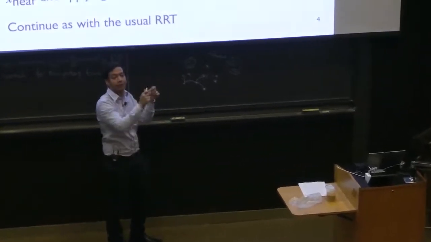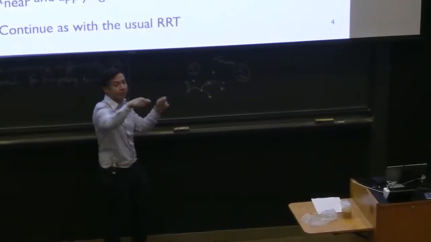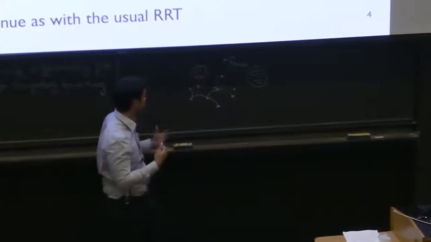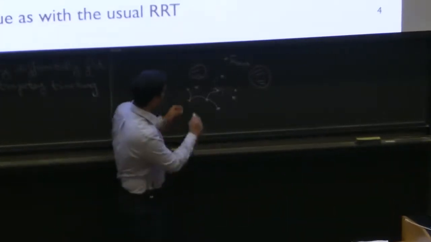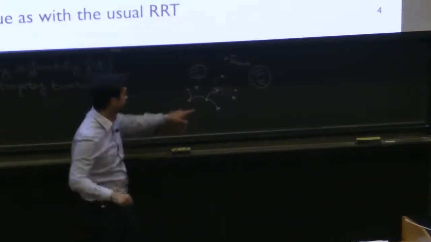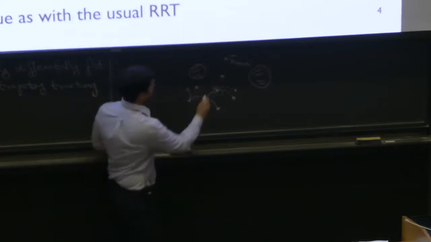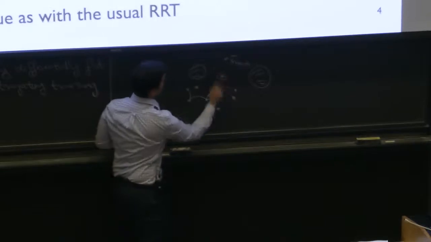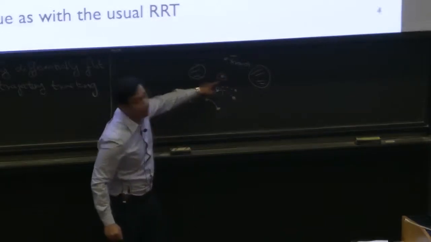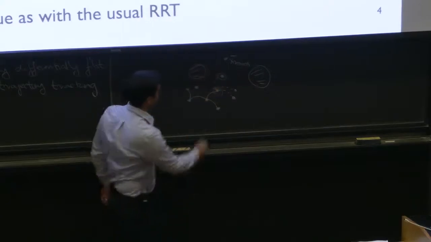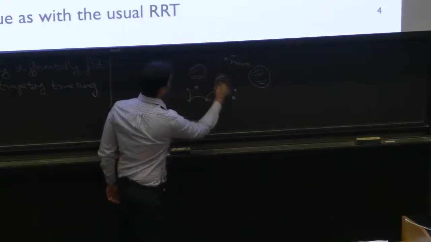So it's not going to be a line segment, right? Your state is going to obey whatever differential equations, x dot equals f of x, u, that describe your dynamics. And so you're going to have a little trajectory that goes from this state to some new state. And then you pick the control input that allows you to make the most progress towards the XRAND state, and then you grow the tree.